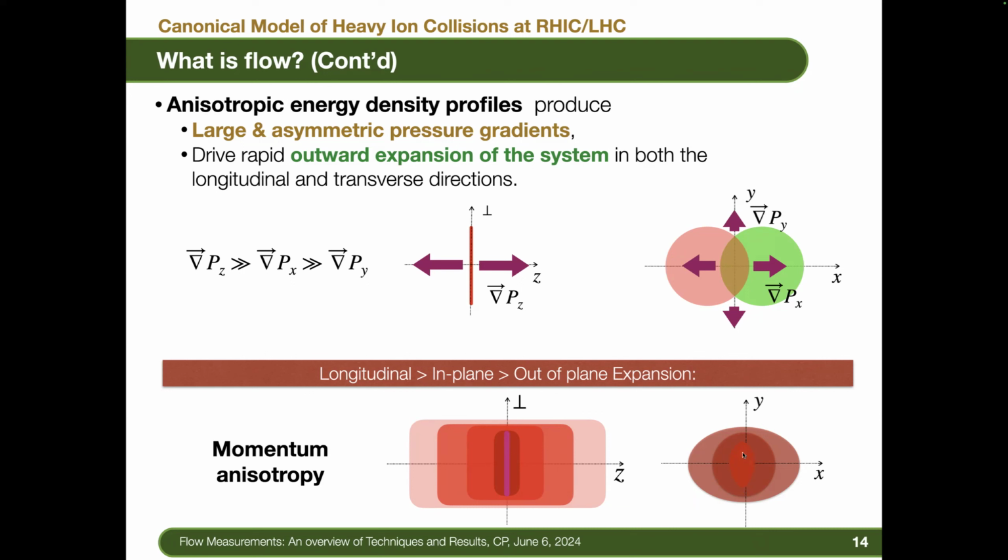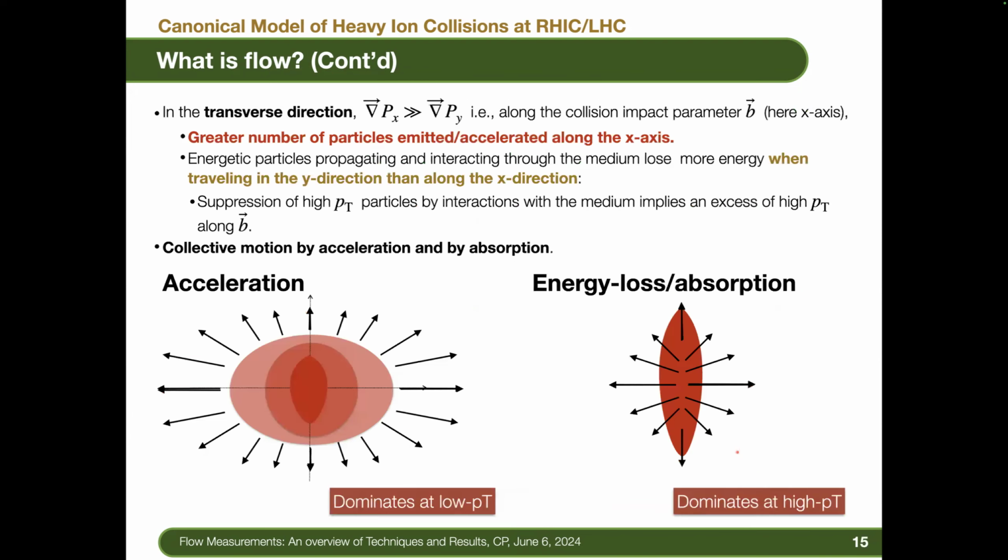And so the physics lies in this acceleration and converting the spatial anisotropy into momentum anisotropy. So understanding and measuring flow enables us to go back in time and understand what happened in these collisions, and what is the equation of state of the matter capable of driving this expansion.